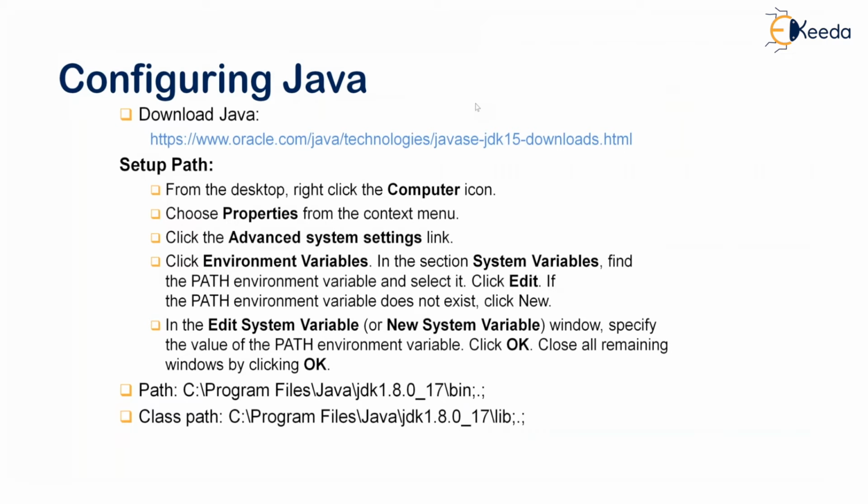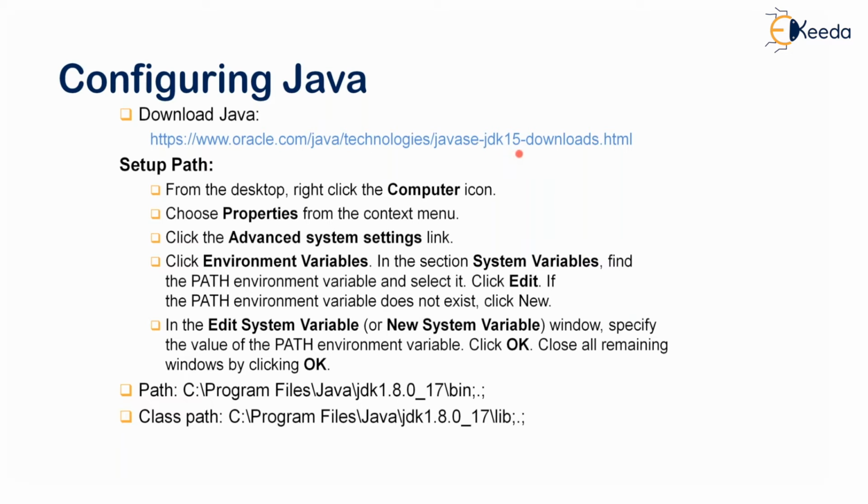Next, how to configure Java on a Windows machine. To download, go to oracle.com and you'll find a folder called Java, or sometimes you will see a Downloads option by default. Just click on that. Inside that you'll see Java SE, click on that and you'll get the JDK.